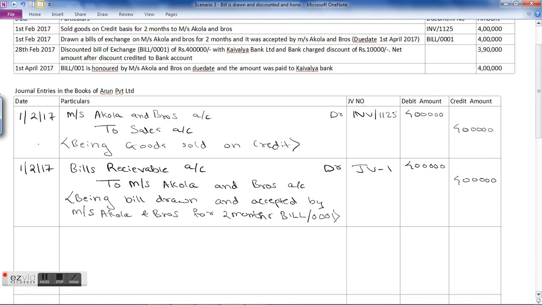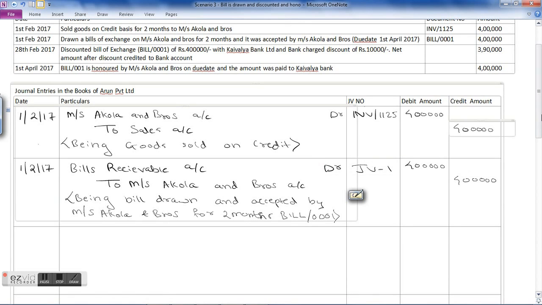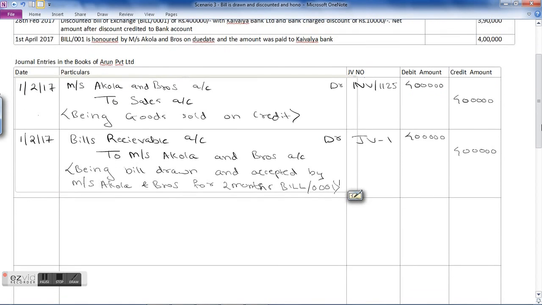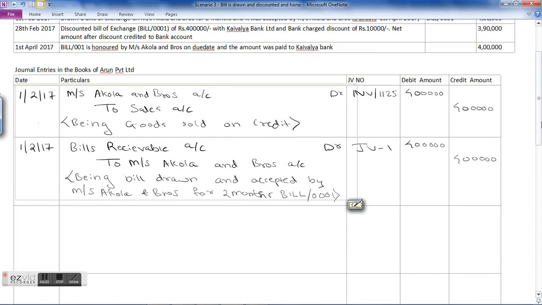Messrs. Arun Private Limited, what they have done is they have discounted bill of exchange of 4 lakhs with Kaivalya Bank, and bank has charged a discount of 10,000 rupees. Net amount after discount credited to the bank account. Now what has happened is discounting a bill of exchange is nothing but it's like a loan against that particular bill.